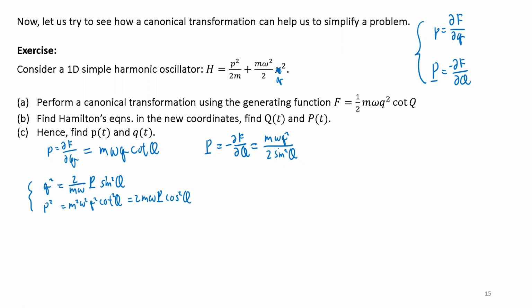So the Hamiltonian, which I now call K, a function of capital Q and capital P, would be just omega times capital P. After transformation, the Hamiltonian is much simplified, just a linear function in capital P.